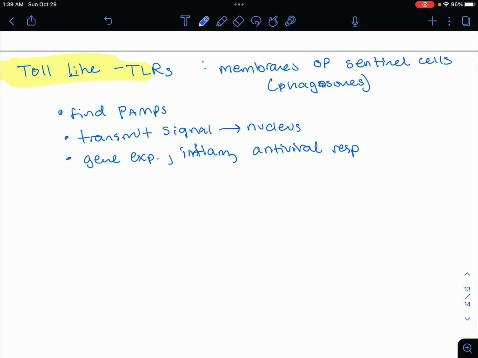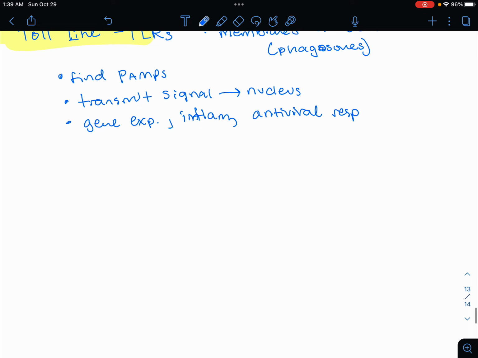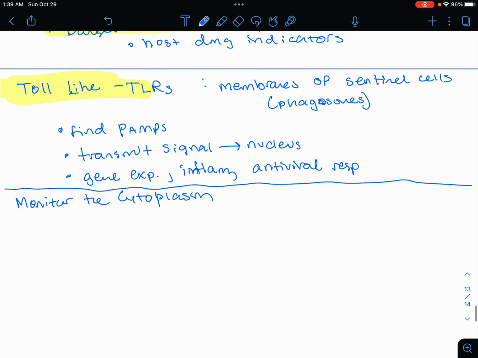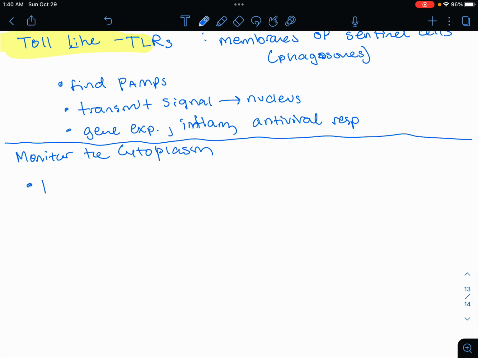Right. Now we're going to look at PRRs that monitor the cytoplasm. And we have two main kinds here. I just want to draw that line because the toll-like receptors do not monitor the cytoplasm. However, these next ones, the NLRs and the RLRs, do. Our first kind would be the nucleotide binding oligomerization domain-like receptors, aka NOD-like receptors.